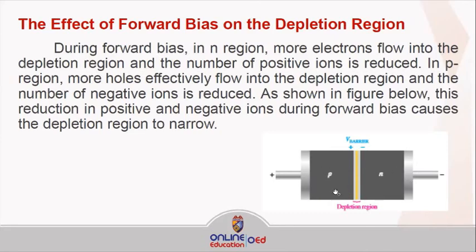As you can see in the figure, there is a reduction in positive and negative ions during the forward bias. Then it will cause the depletion region to narrow. Kaya sobrang liit na siya, kasi nga nagkakaroon ng reduction in positive and negative ions during the forward bias.